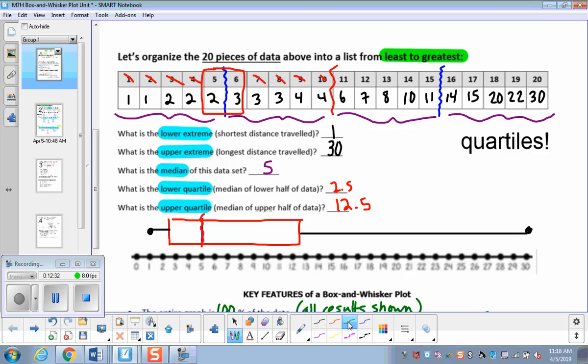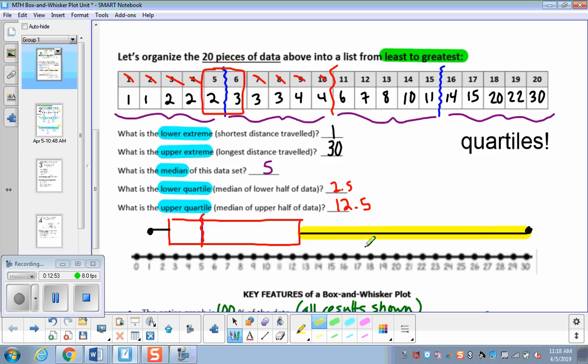Here's a big misconception with box and whisker plots. This is a really important part of the video. A lot of people think that because this part of the box and whisker plot is the longest part, that represents the most of the data. That is not true, y'all.